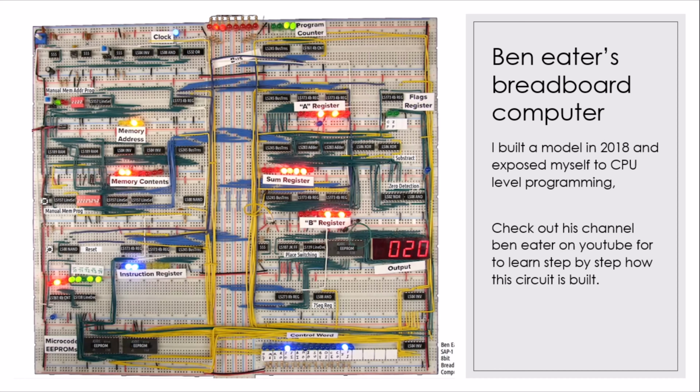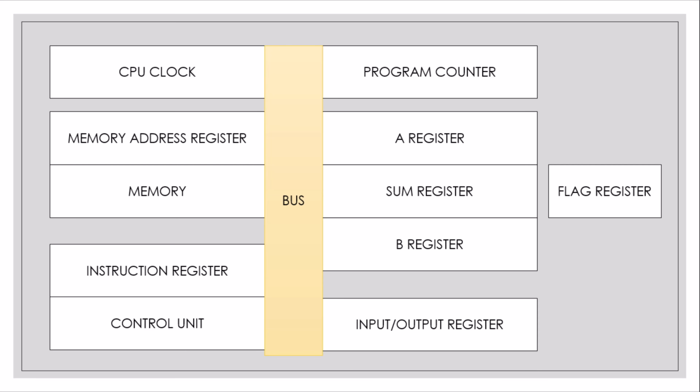I'll be using the parts here to explain. Most are actual parts of a CPU, while some are just functional parts. Let's see how these work. Here is a structural overview of the arrangement of parts that I will be explaining in this video. We'll get to understand each part and its functions.